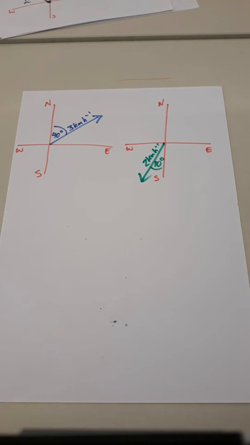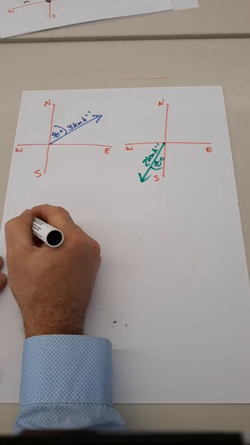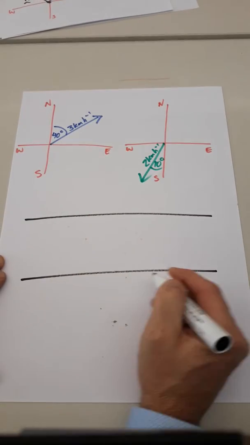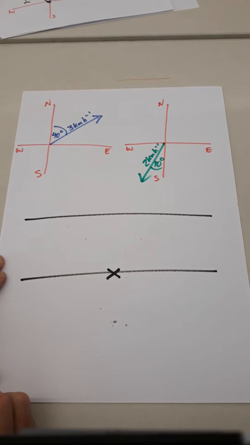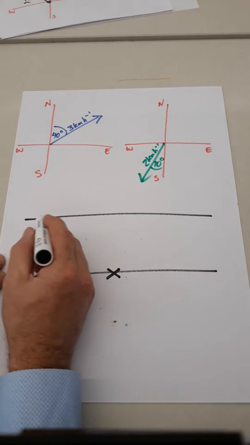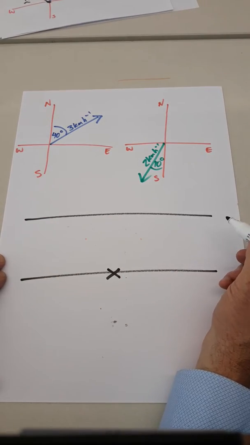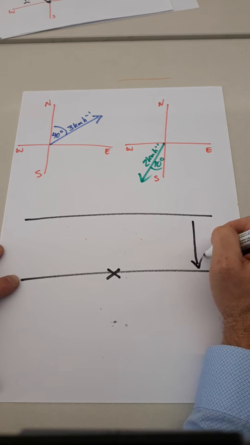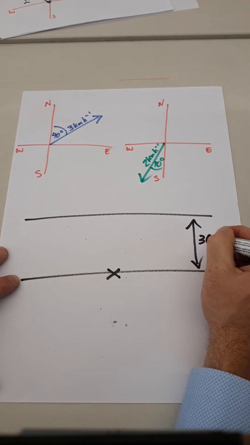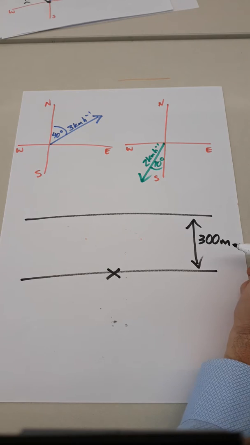I want to know how long it's going to take for him to swim from his starting point to a point that's in line due north 300 metres away.